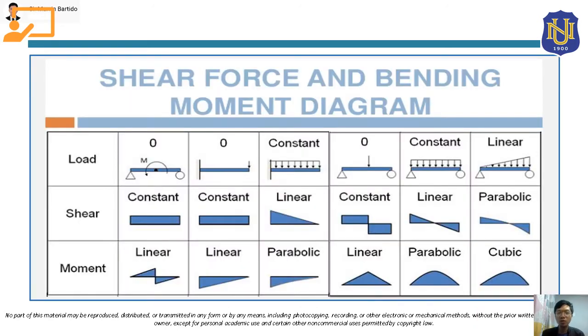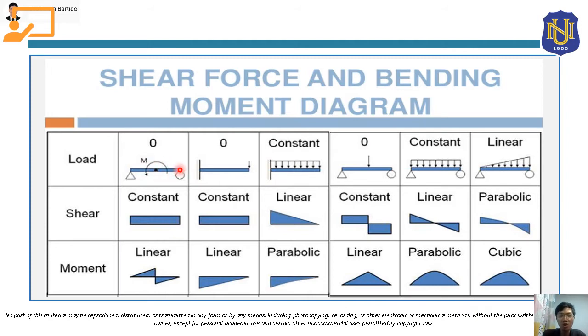Class, for drawing the shear force and bending moment diagram, this table will be useful in relating applied loads, shear, and moment. As you can see here, let's say for an applied couple, this is the loading of this beam.